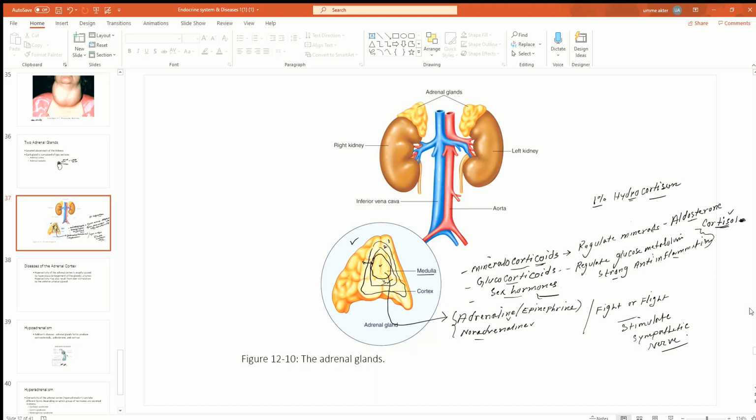Okay, that will do what? Increase the heart rate, increase the blood pressure, increase the respiratory rate, increase the muscle tone. Like, when you are excited or you are scared, those changes occur in the body. So that is the adrenal gland. Cortex produces three types of hormones, and medulla produces adrenaline, noradrenaline.